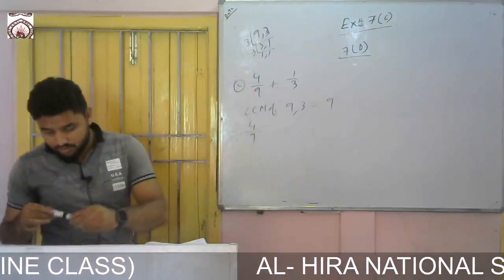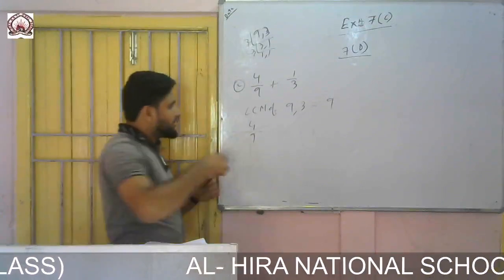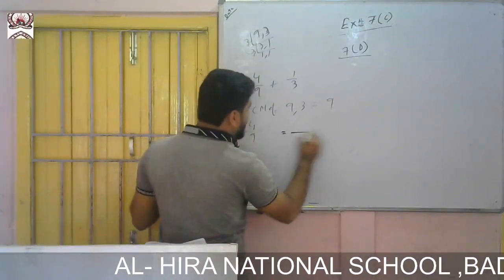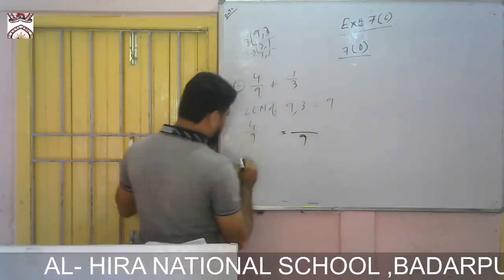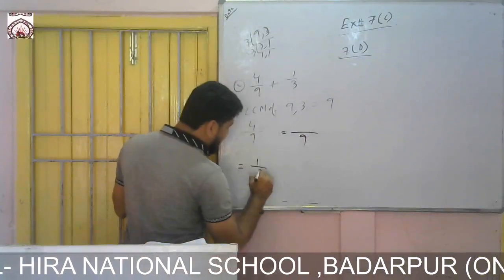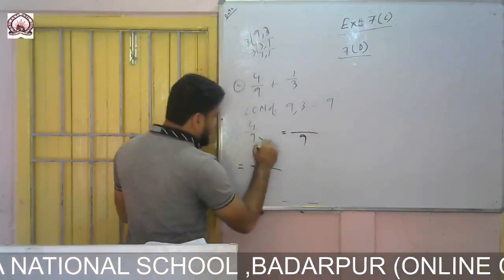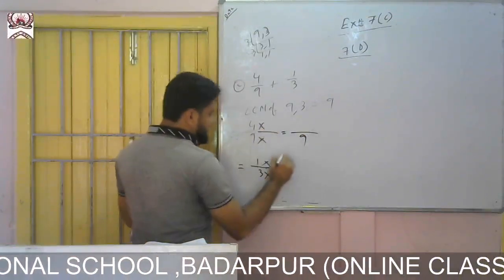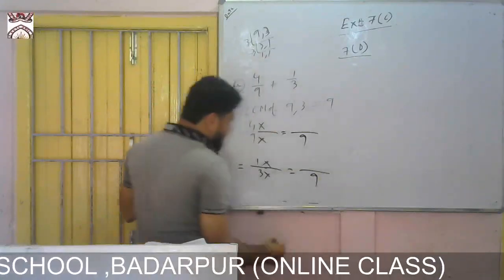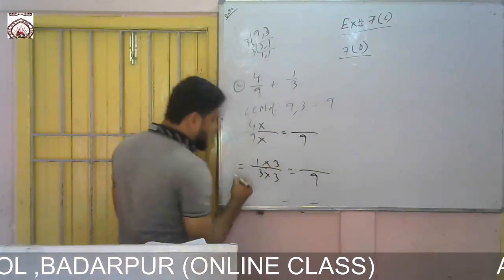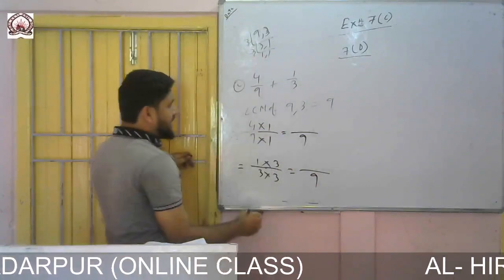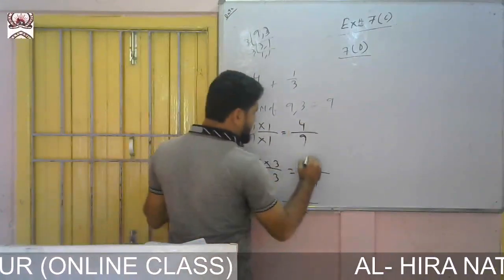Therefore 4 by 9, here the denominator will be 9. Then 1 by 3, I need to make the denominator the same, 9. So 3 threes are 9, so I need to put 3 here. 9 ones are 9, 4 ones are 4.